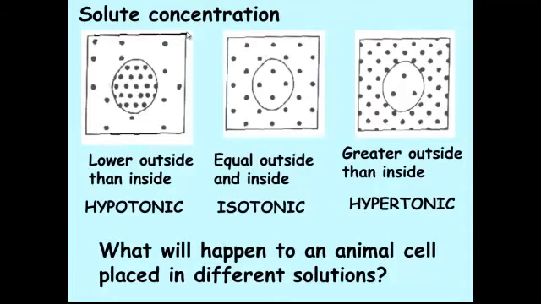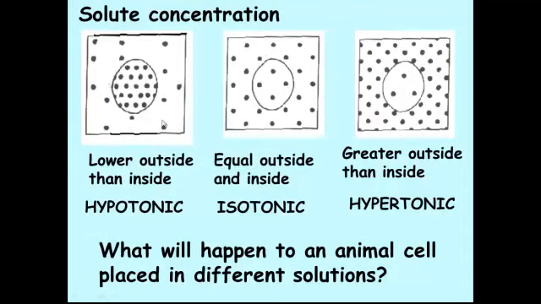They're solutes. And in this situation, we're going to use these little black polka dots to represent solute molecules, something that's dissolved. It could be sugar, it could be an ion of some kind, it could be an amino acid, it could be any kind of molecule.